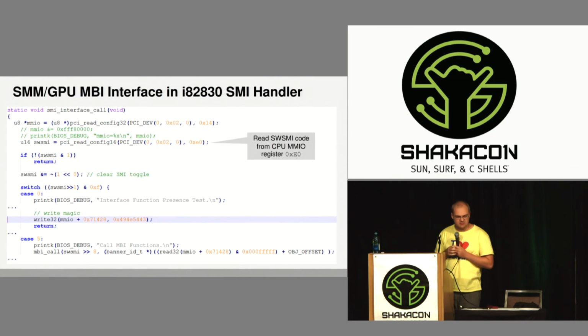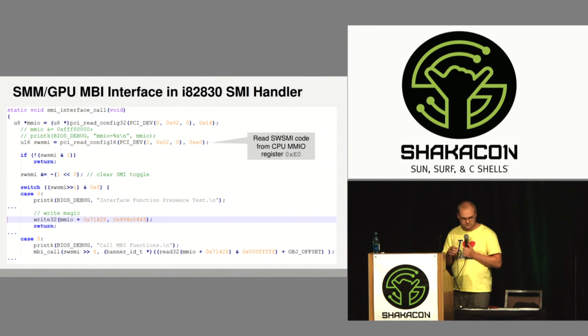For some pretty old systems, there is an SMI handler which is responsible for handling some of the requests in the graphic memory, in GPU and MBI registers.